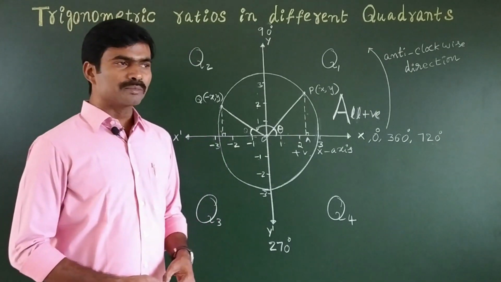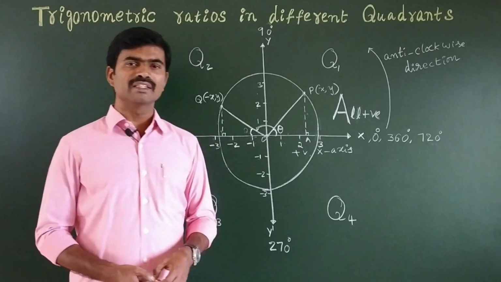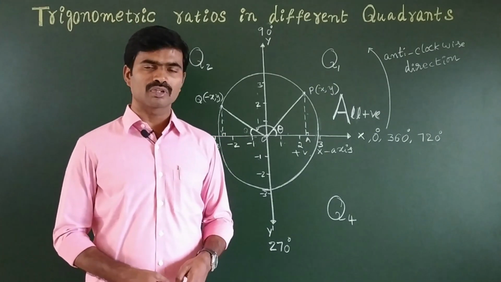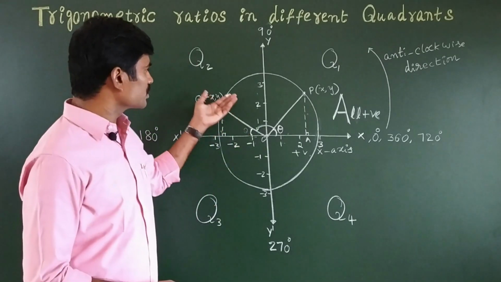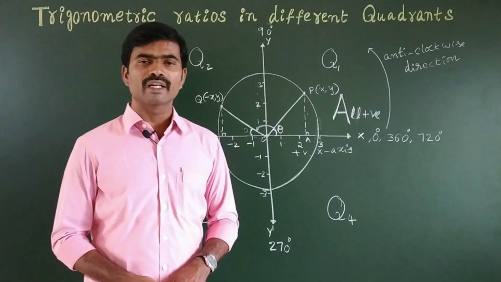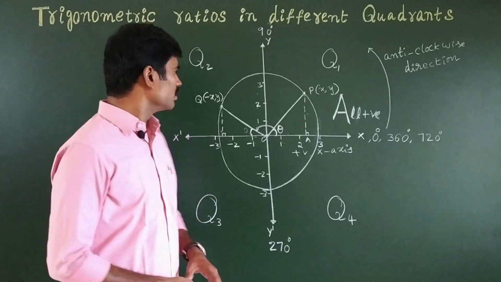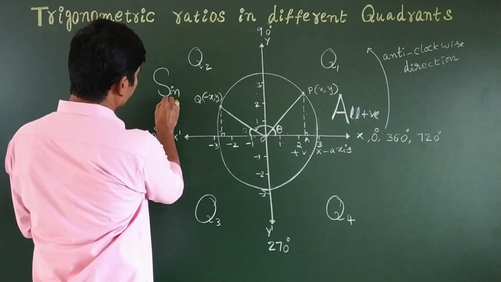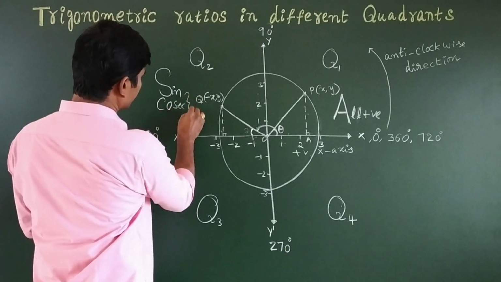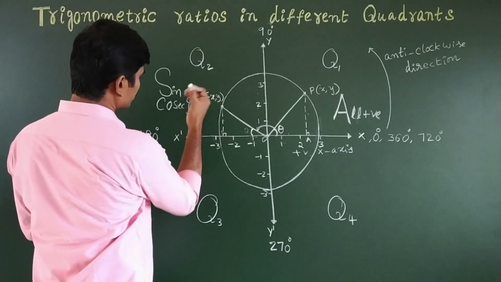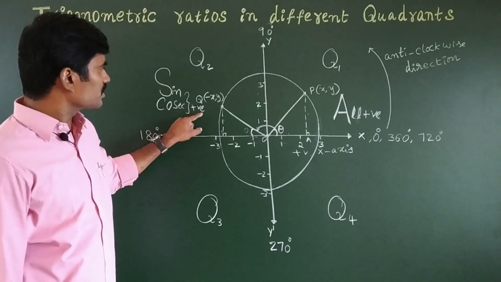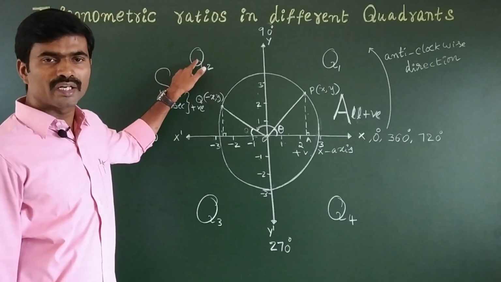So we observe that sin theta and its reciprocal cosecant theta are positive in quadrant 2, and the remaining ratios are negative. So in quadrant 2, sin and its reciprocal cosecant are positive.